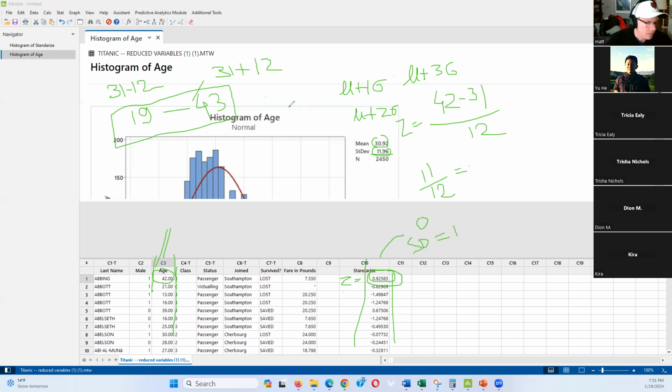So plus minus 3 sigma means 31 plus 3 into 12, which is how much? 31 plus 36, which is 67, the highest limit. Lowest limit is 31 minus 36, which is about minus 6.